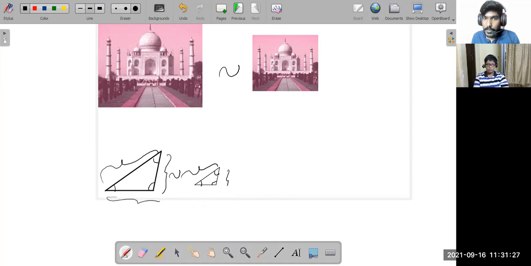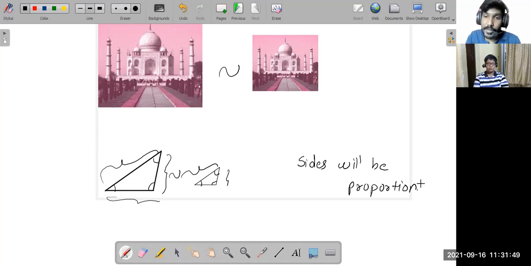Sides will not be equal. But what we say is sides will be in proportion. Sides will be in proportion for two similar triangles. For two congruent triangles, sides will be equal, angles will be equal.